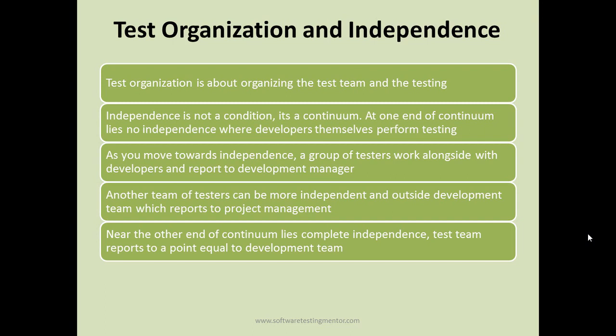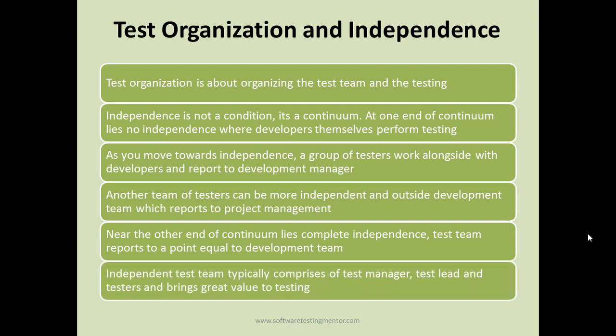So for example, a test manager and then a test director. So the test team reports completely differently in the continuum, or they report to a point equal to the development team. An independent test team typically comprises a test manager, test lead, and testers, and brings great value to testing.